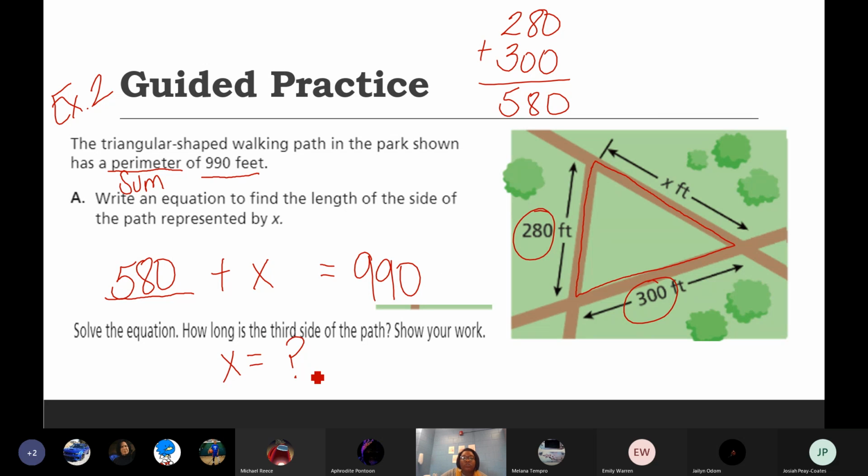I'd like you to solve this equation. Remember, we want to isolate our variable first. And then we're going to solve.